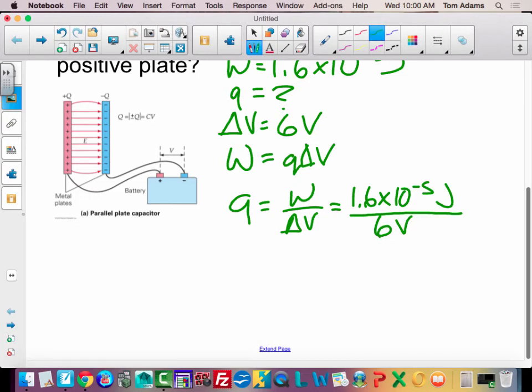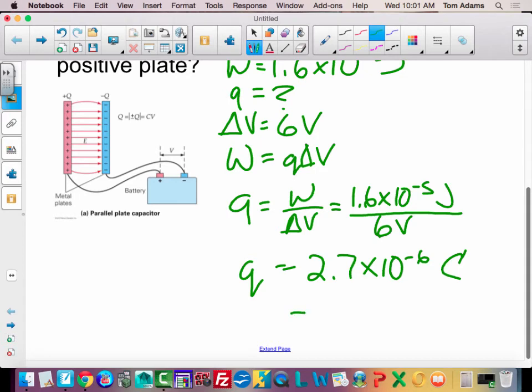And if I crank through that and plug that in my calculator, let me double check everything, 1.6 times 10 to the negative 5, yeah, I should get 2.7 times 10 to the negative 6 coulombs, right? Because coulombs is charge.